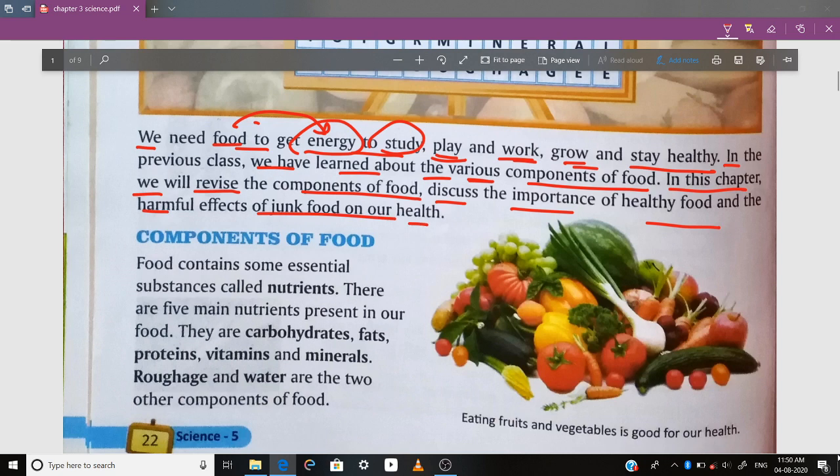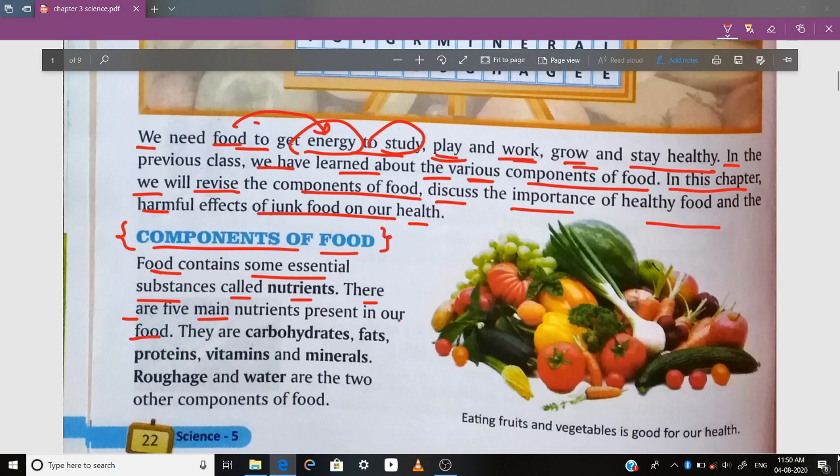Now we will study about the components of food. Food contains some essential substances called nutrients. There are five main nutrients present in our food.